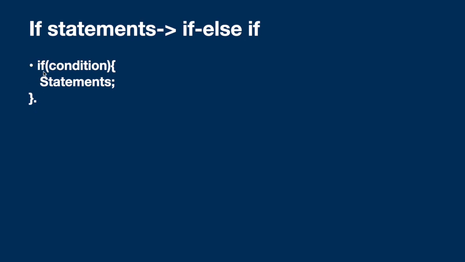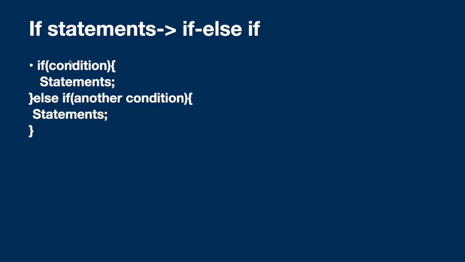We always start with if, a condition and statements, then we can follow them with else as we have discussed previously, or it can be followed with else if. Here is a condition. In scenarios where there is another condition, we do these statements. If this is false, we will go to this one. If this is false, we will go to another else if. So it can continue on and finally end with an else statement.